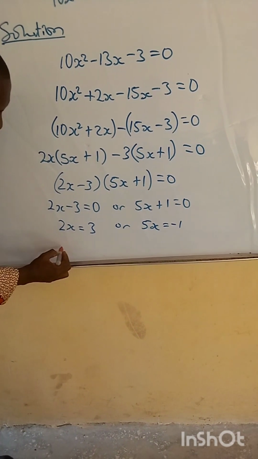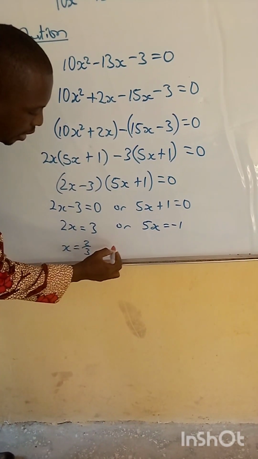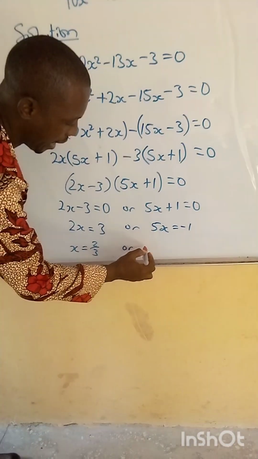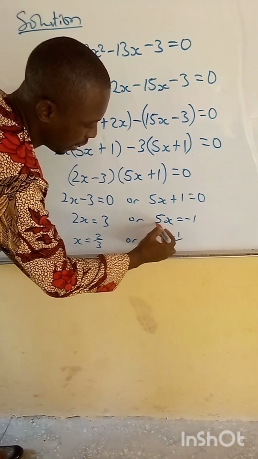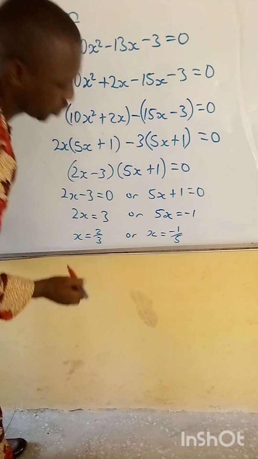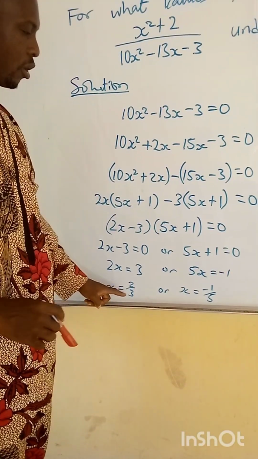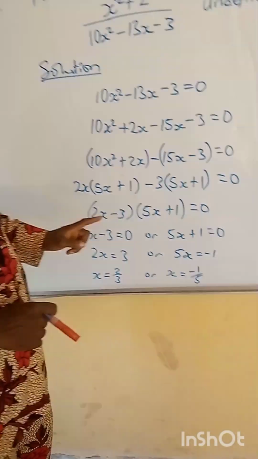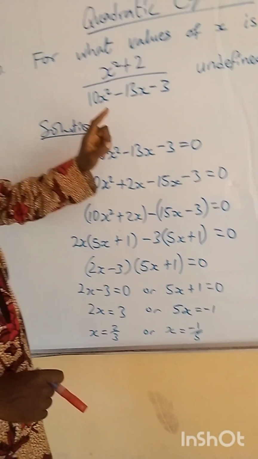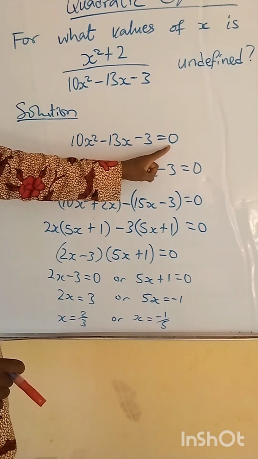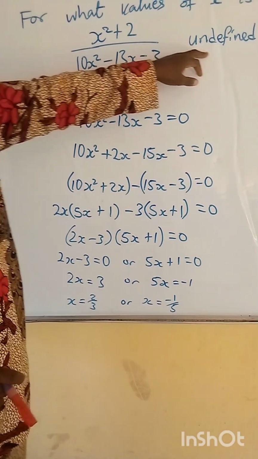So our x here is equal to 3 over 2, or our x here becomes minus 1 over 5. So these two numbers are the numbers which, when put in place of x, we get 0 as the result, making this equation undefined.